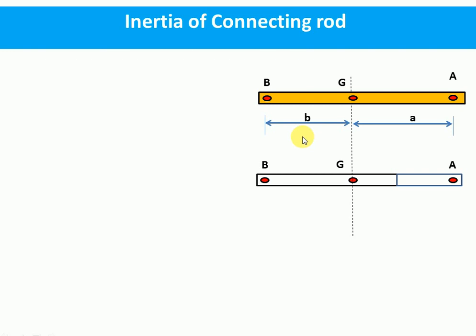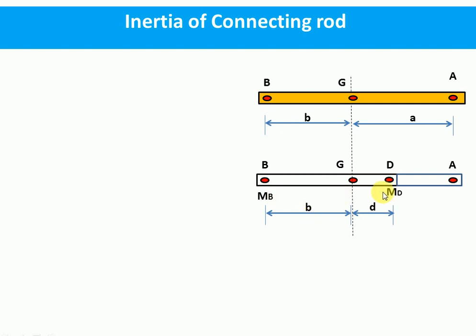Let it be replaced by a dynamically equivalent system having 2 point masses at point D, which is at a distance of small d from the center of gravity, and at point B, that is MB, which is at a distance of small b from center of gravity.